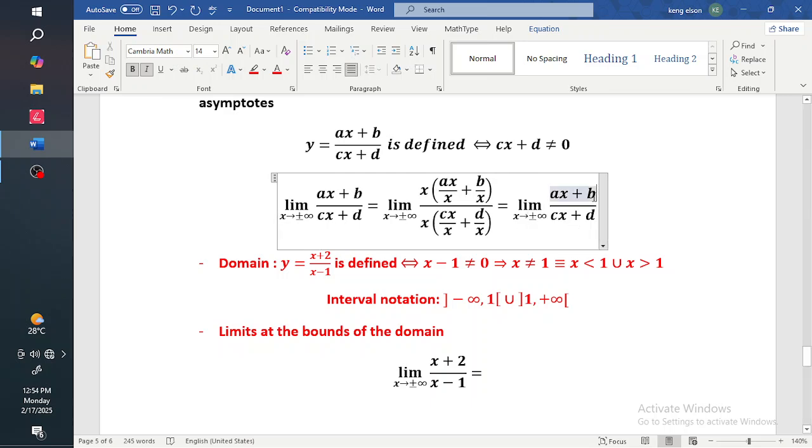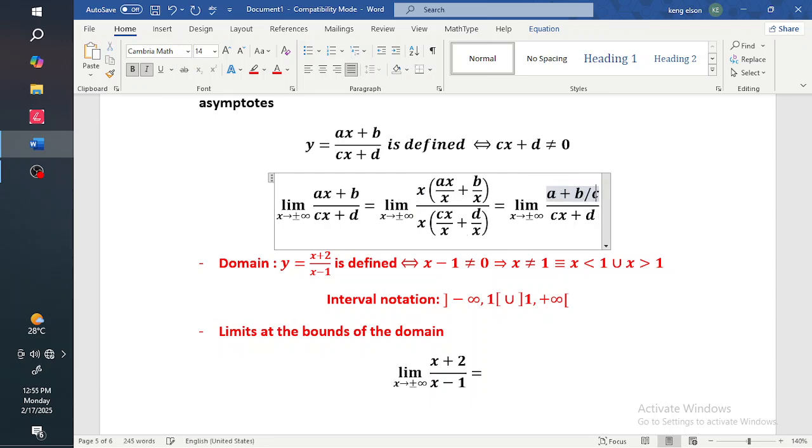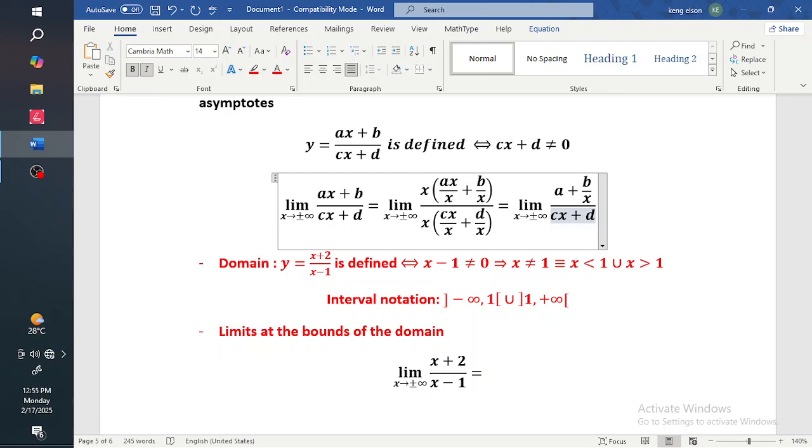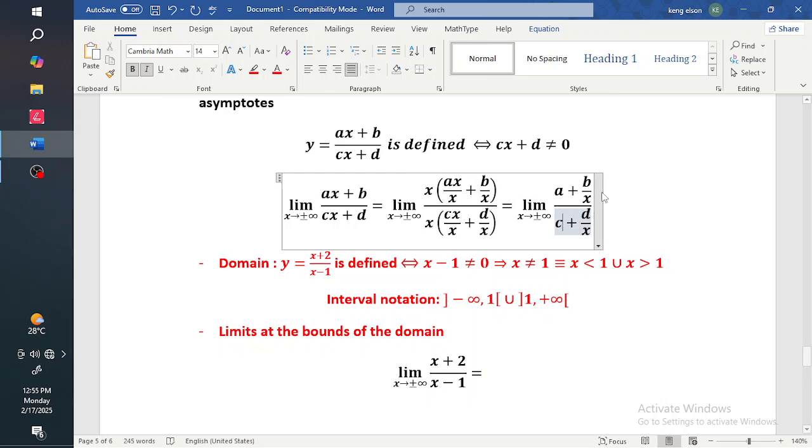Now the numerator, you see that the x in the numerator cancels with the x in the denominator. So you are going to have here a plus b over x. Alright. Then here you're going to have the same thing, c plus d over x. Alright. Now as x goes to plus or minus infinity, this quantity here goes to 0. So that quantity goes to 0.